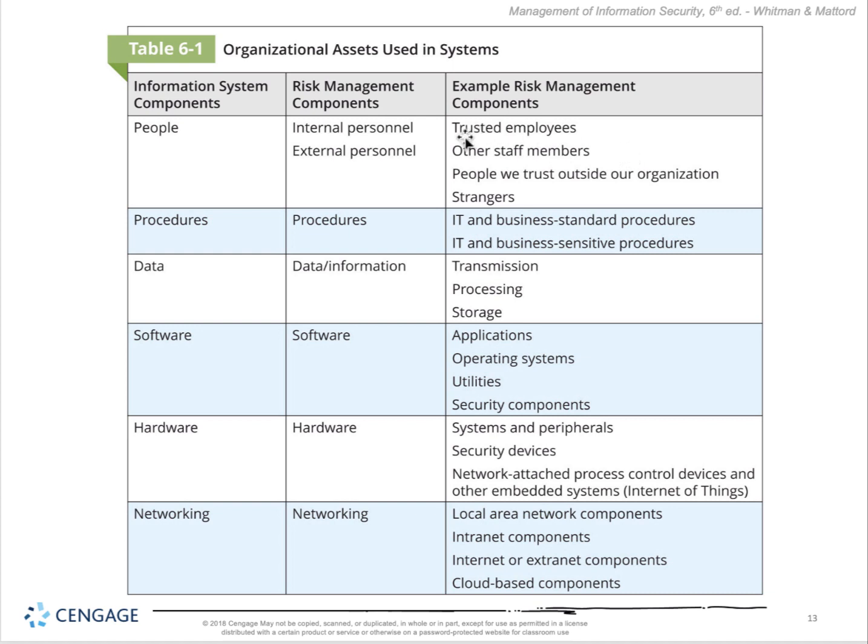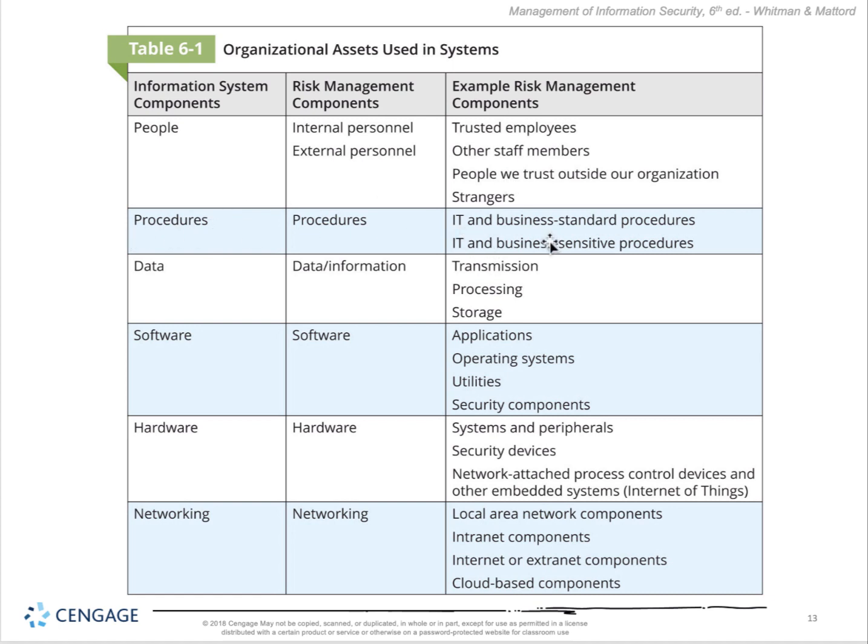And it's not because they're trusted employees that there are no risks associated with them. So, what you need to understand is that people, this asset, is very generic, right? Under that type of asset, you're going to have different types of that specific asset, and you need to try to identify the risks associated with them, right? Same thing with procedures, right?